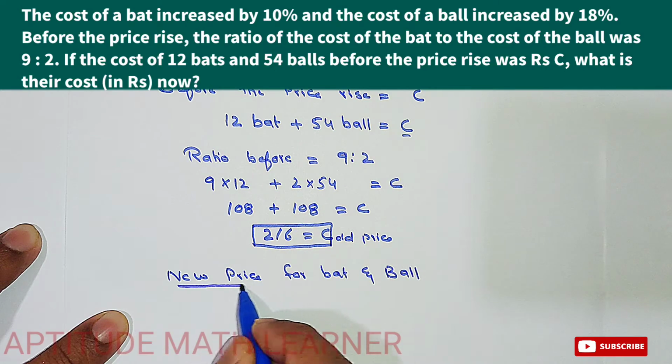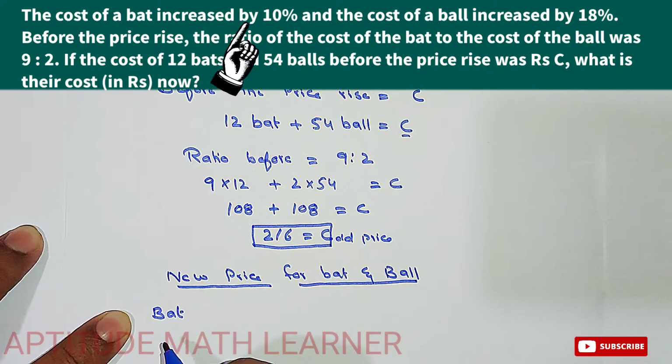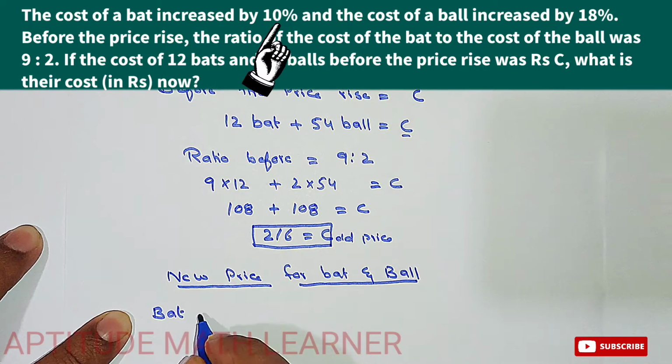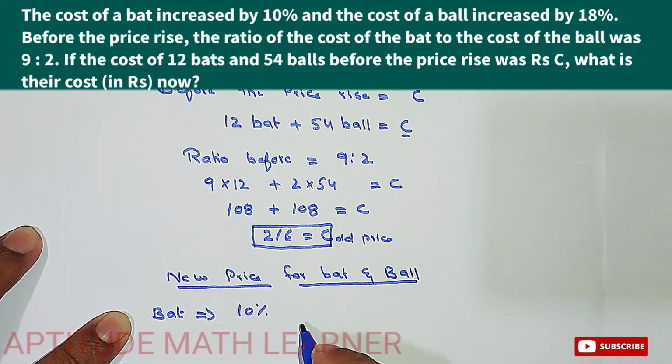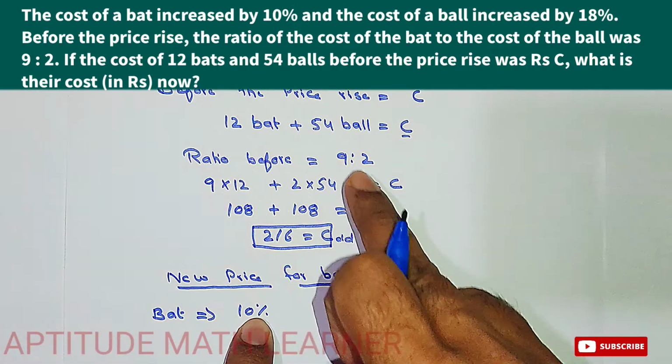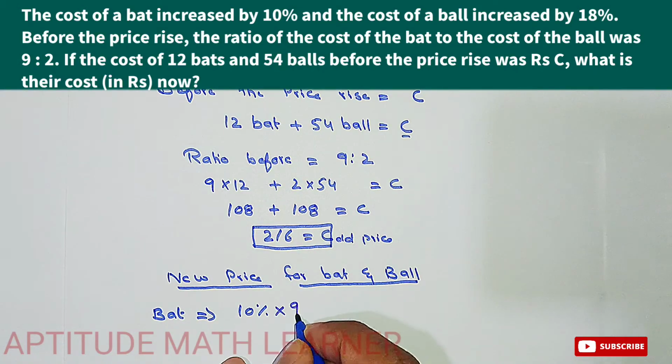For bat, that is a 10% increase of the 9.